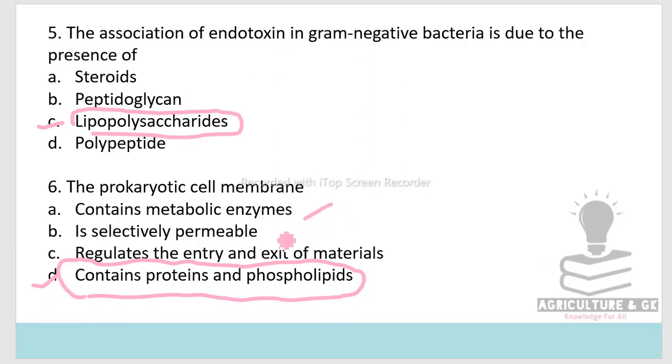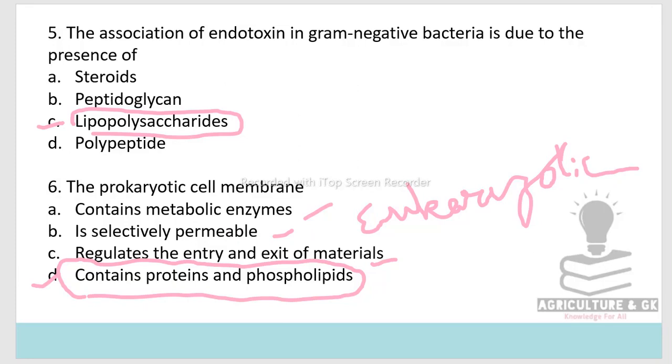Metabolic enzymes, selective permeability, and regulation of entry and exit of materials is in the eukaryotic cell membrane. So our answer will be option D. It contains protein and phospholipids.